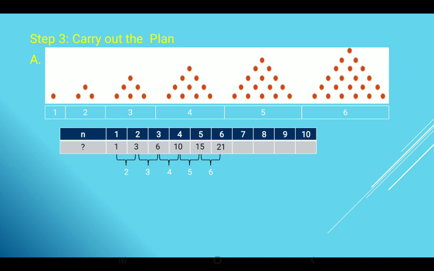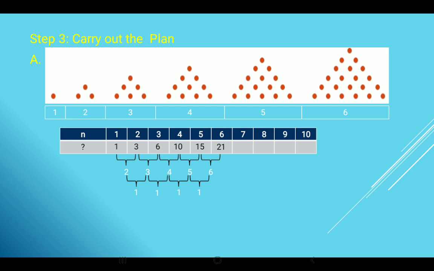So, 3 minus 2 is equal to 1. 4 minus 3 is equal to 1, 5 minus 4 is equal to 1, and 6 minus 5 is equal to 1. So, in the second differences, makikita natin yung mga sagot is naka-equal lahat sila sa 1. So, ibig sabihin, ito na yung last na kukunin nating difference.